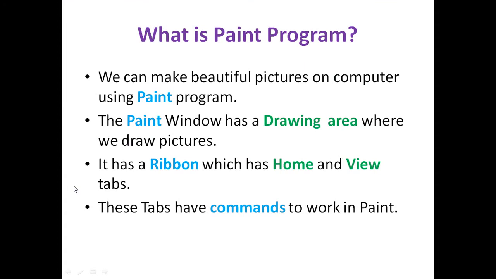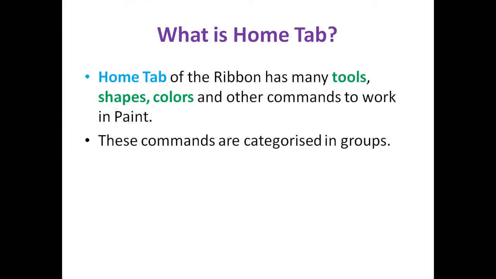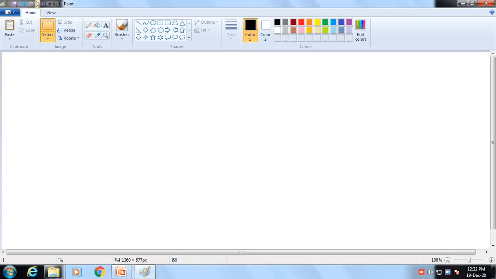Yes, now we'll see some new things in paint program. What is home tab? Home tab of the ribbon has many tools, shapes, colors and other commands to work in paint. These commands are categorized in groups. As you can see, in home tab there are so many commands.